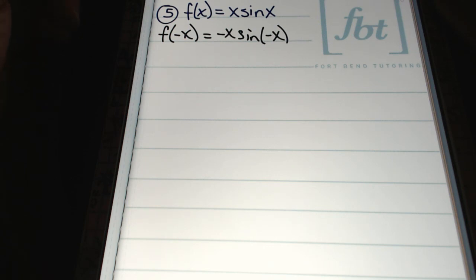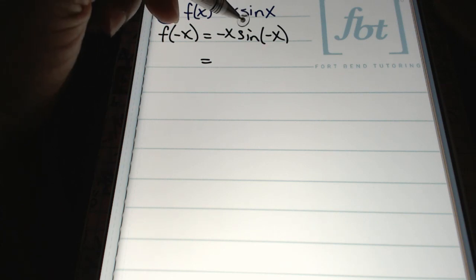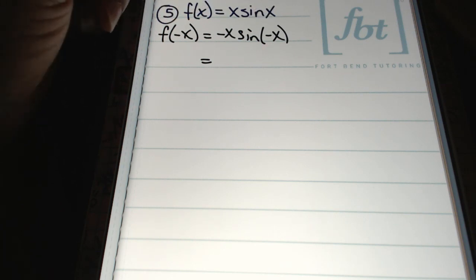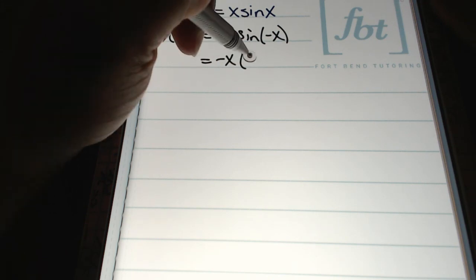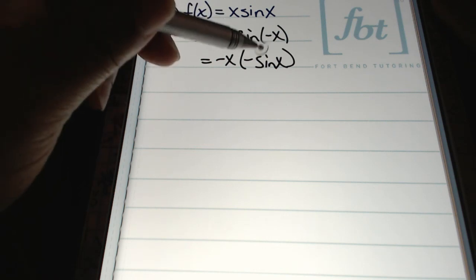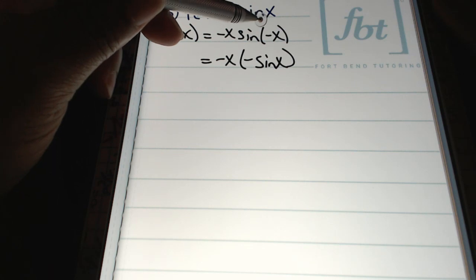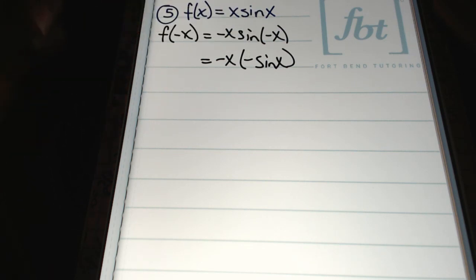All right. So here, guys, let's go ahead and simplify this further. We were told earlier that sine of negative x is equivalent to the opposite of sine of x. We showed that at the beginning: this being an odd function, when you replace x with negative x, it is equivalent to having the opposite of sine of x.